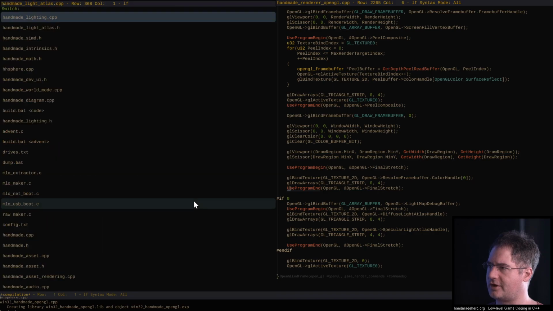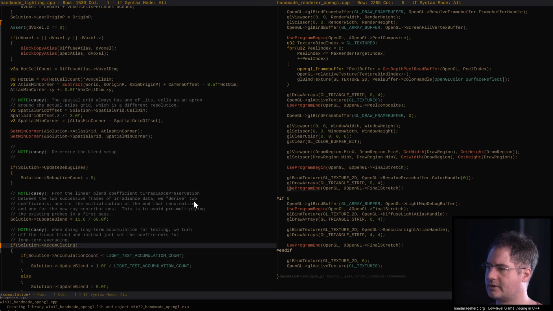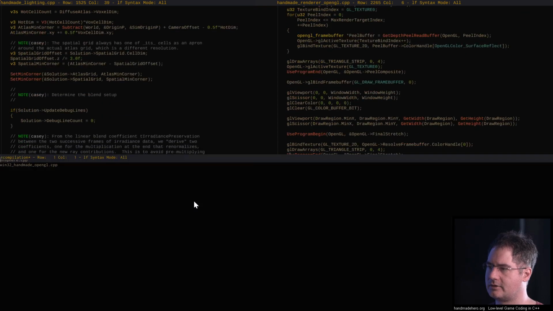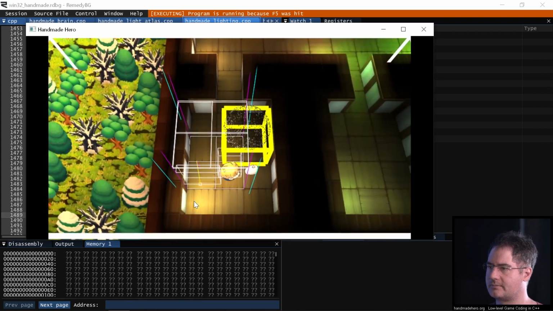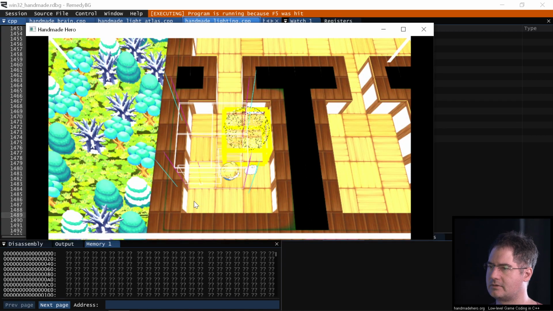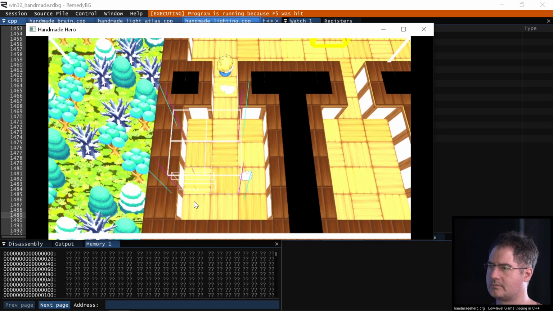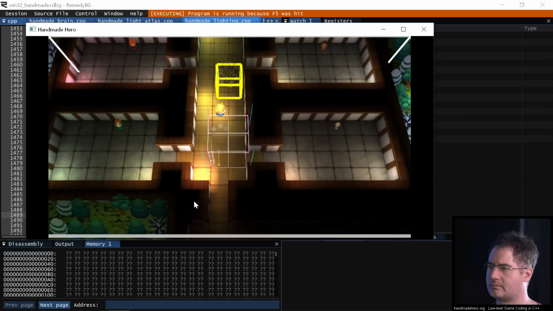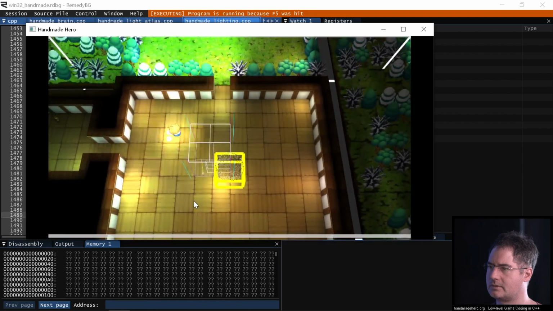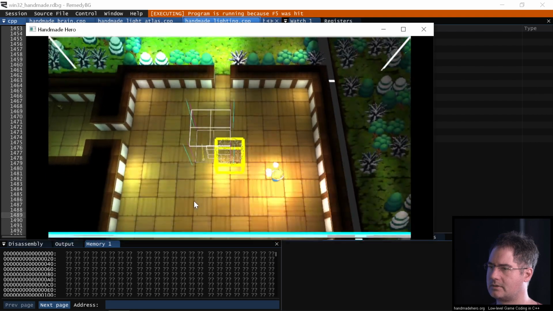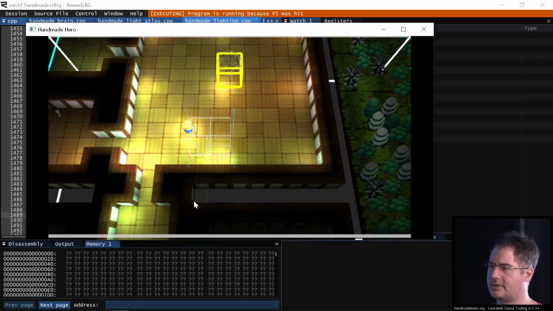Suppose we were to turn off interpolation, what would it look like? So if the t-update blend were just 1, there's no interpolation anymore, we just see whatever happens on this frame. Right? Which is this. That is just really weird.